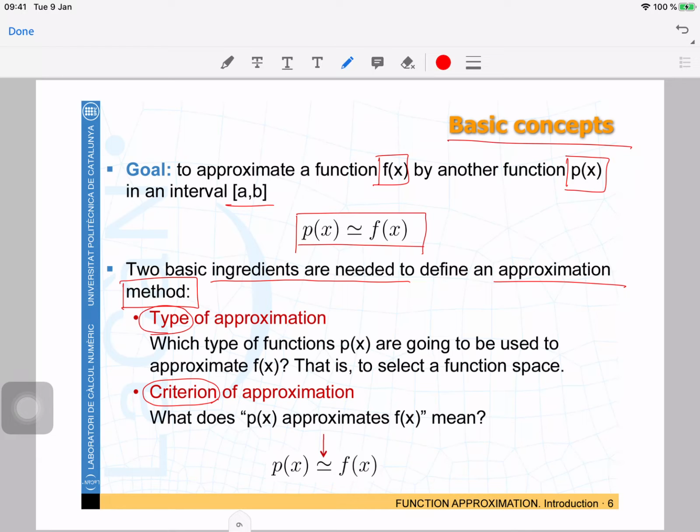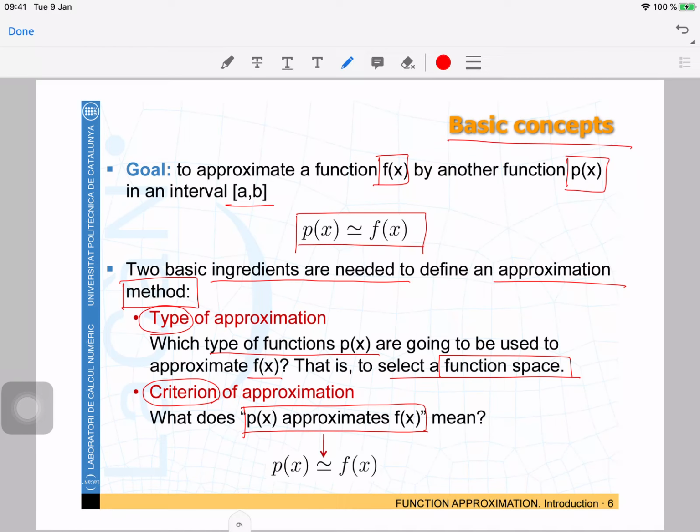For the type of approximation, we would like to know which type of functions p are going to be used to approximate f. That is, in other words, we want to select the function space for our approximation. Regarding the criterion of approximation, basically we want to answer this question: what does p(x) approximates f mean?